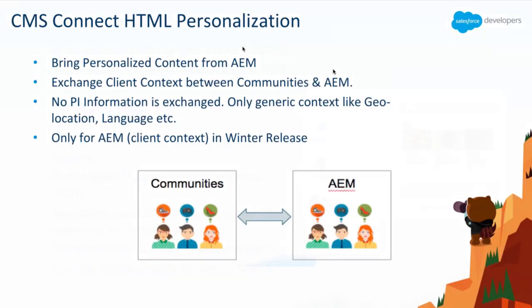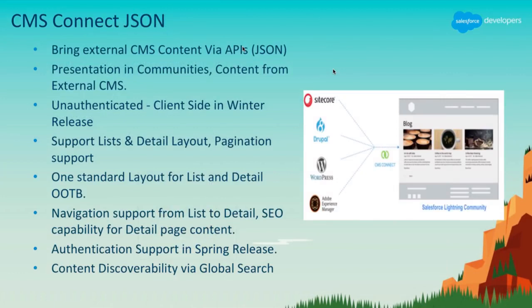Coming to the CMS Connect JSON connector, it provides a way of bringing external CMS content data like blogs, articles, files, news into communities using JSON API, and we provide presentation capabilities for building the UI for it.